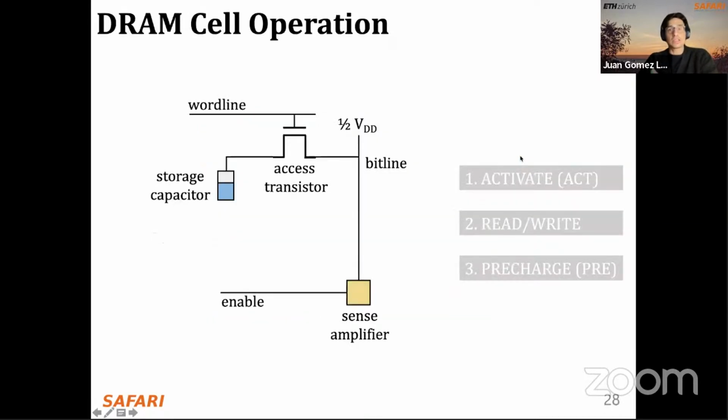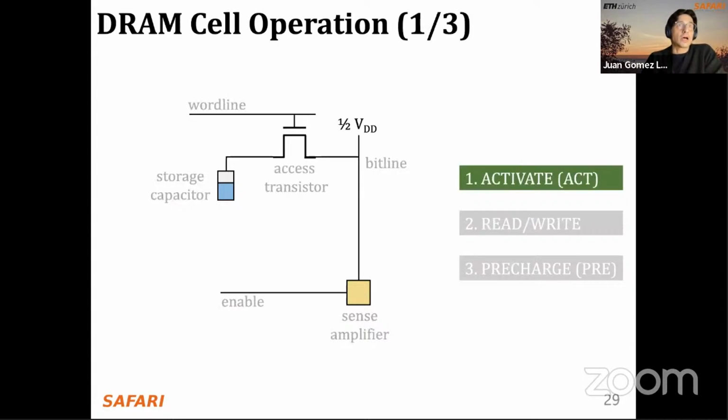And in this slide, we can quickly recap how the DRAM cell operates. In the first step, we need to activate the row. We need to activate the corresponding access transistor, and to do that, we raise the word line. This makes the access transistor allow the charge stored in the storage capacitor to go from the capacitor to the bit line.